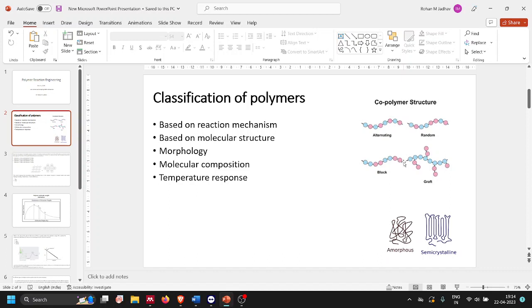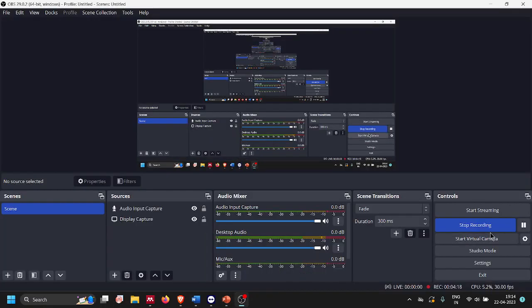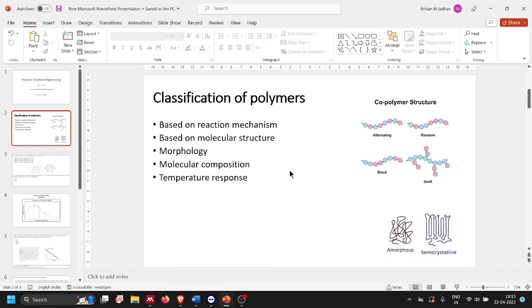It is very hard and it's basically used for manufacturing of tires. So classification of the polymers based on molecular structure will have linear chains, branched chains, network or gel polymers.